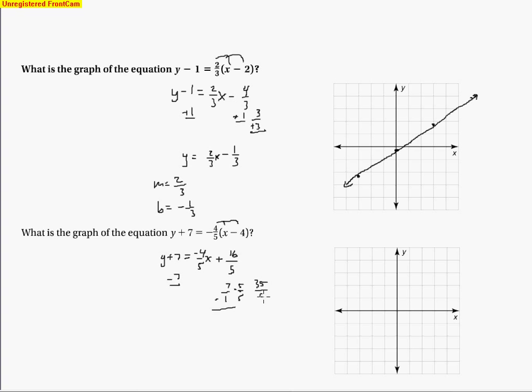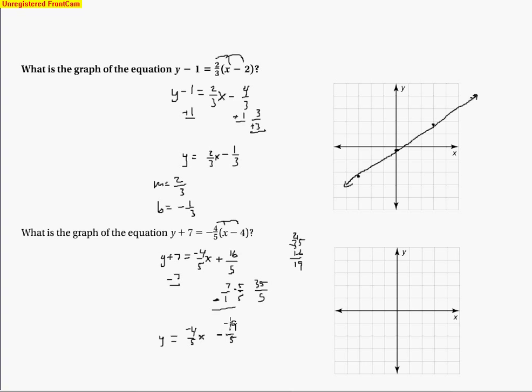So I'm taking that 35/5 away from the positive 16/5, so I end up having to subtract those 2 numbers. So when I do that, again, you got to make sure you get the bigger number on top when you do that subtraction, and then borrow, and that's where I end up with 19. So 19/5, and it's negative, is going to end up being the y-intercept.